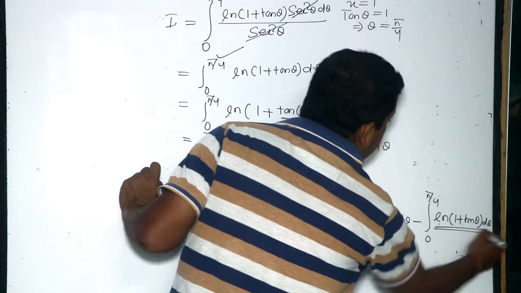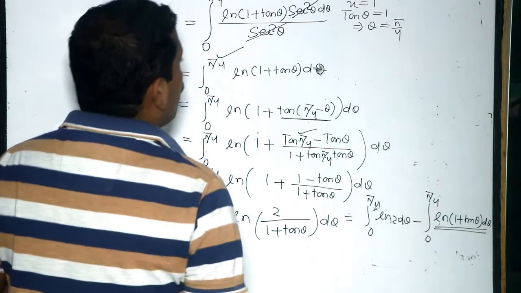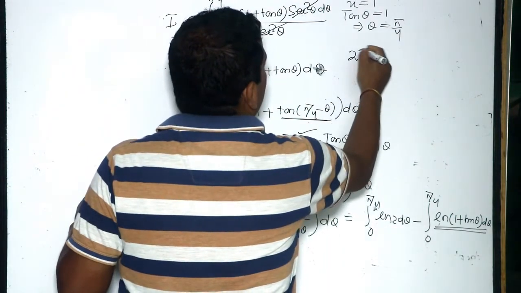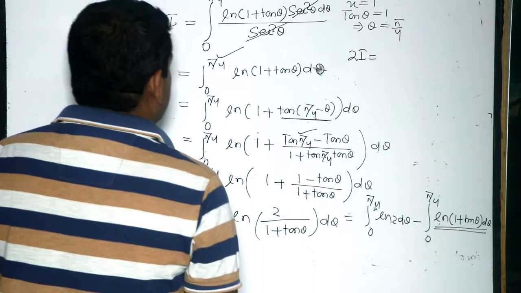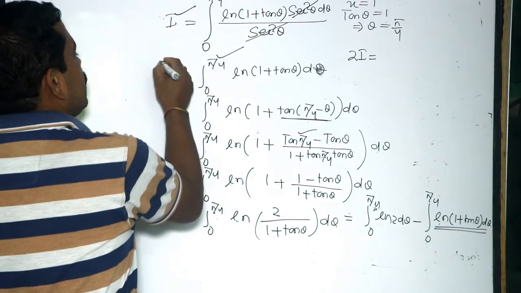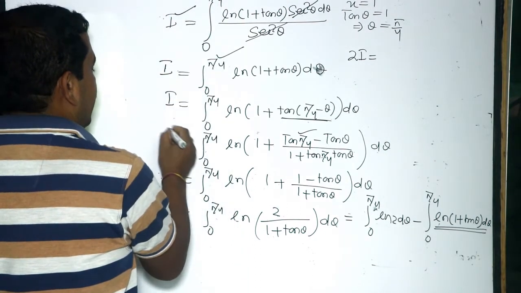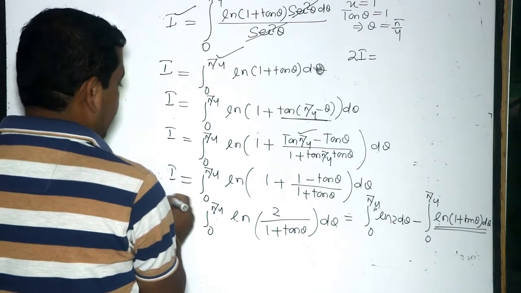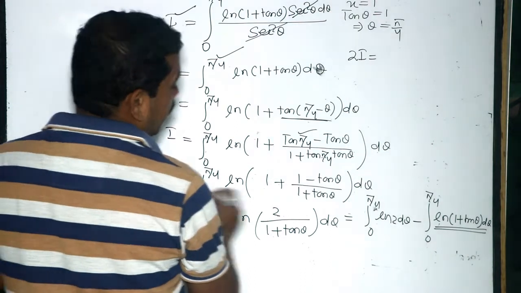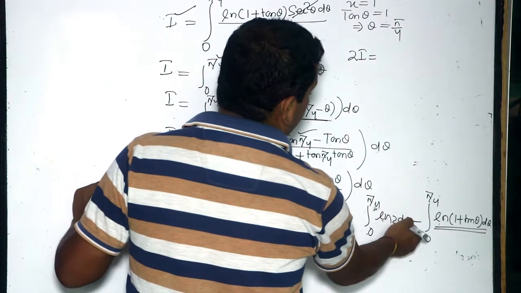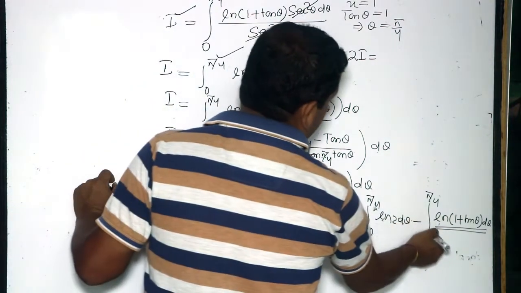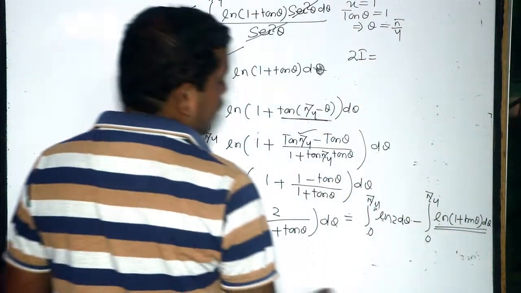We know that this integration is I, so the left hand side will be 2I. As this integration is I, this is also I. Now I equals 0 to pi by 4 log 2 d theta minus 0 to pi by 4 log(1 plus tan theta) d theta.